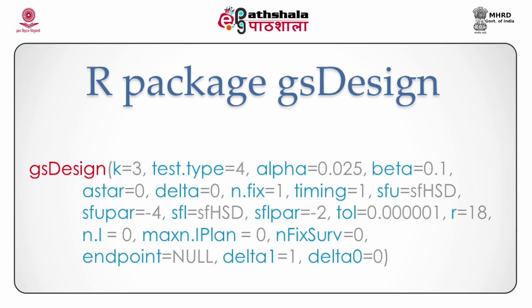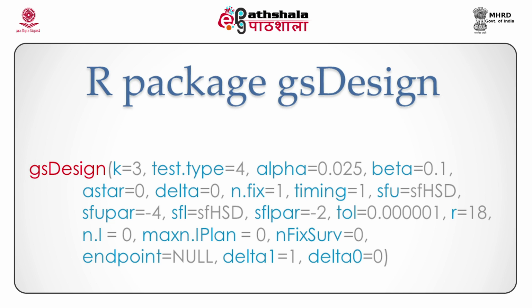sfu, which is a spending function or a binary type. sfl, which specifies the spending function for the lower boundary. sfupar defaults to -4 and is an O'Brien-Fleming-like conservative bound. sflpar, which is the default bound, is set to -2 and defaults to the Hwang-Shih-DeCani spending function.